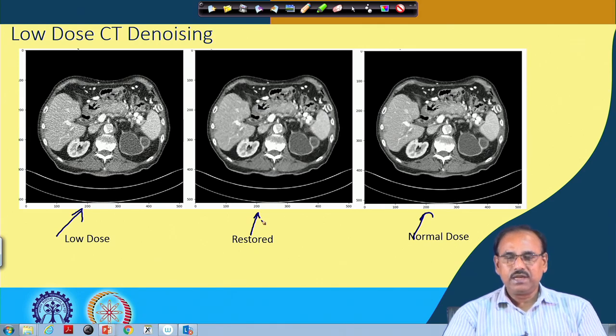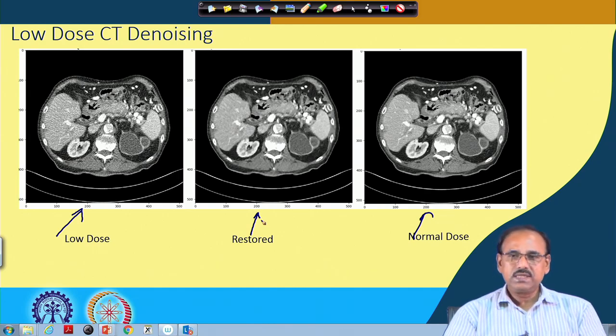The advantage is that if you have a low dose image, then many of the nodules in the image may be missing, which may create a problem for diagnosis based on the CT images. So, once you have a cleaned image, the diagnosis becomes much more reliable.